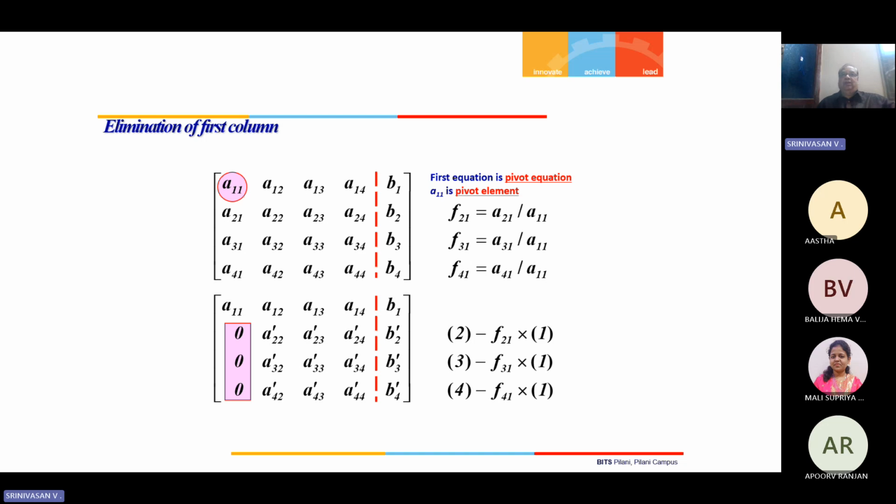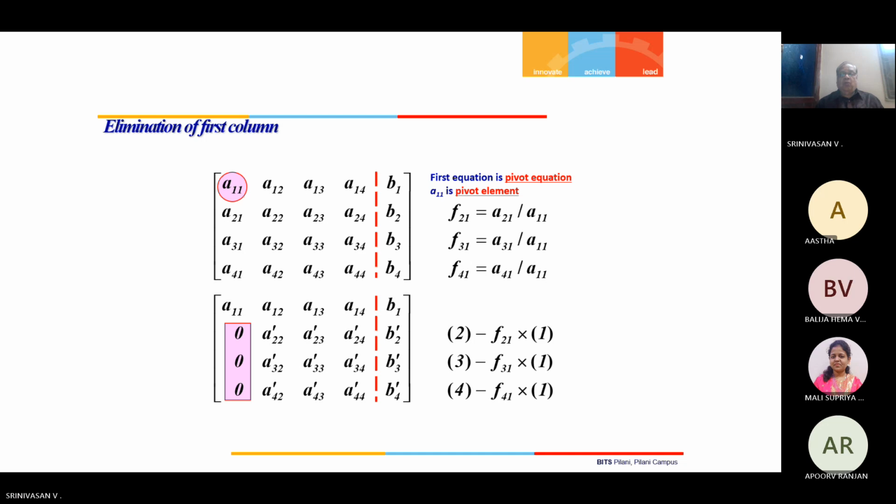That is from where you are starting, because you are going to eliminate the other coefficients of x1 from the first column, and also from the second column, then the third column and then the fourth column, so that you will make it an upper triangular form. You will have only A11, A22, A33, A44. Beneath that, you will have zeros by doing elementary row operations.